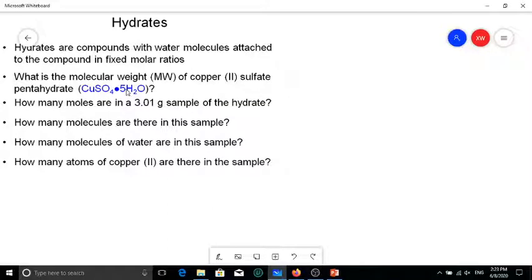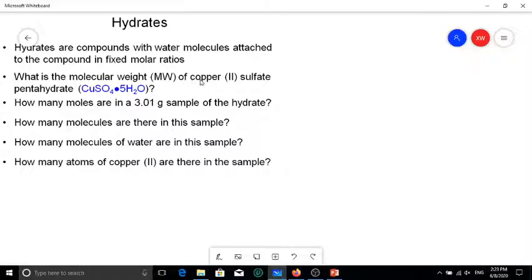Now, there are 5 water molecules attached to this copper(II) sulfate molecule, forming a bigger molecule, which is called a hydrate. There are different types of hydrate molecules. In other cases you will find other ionic compounds attached to different numbers of water molecules. But usually people name this kind of compound this way.